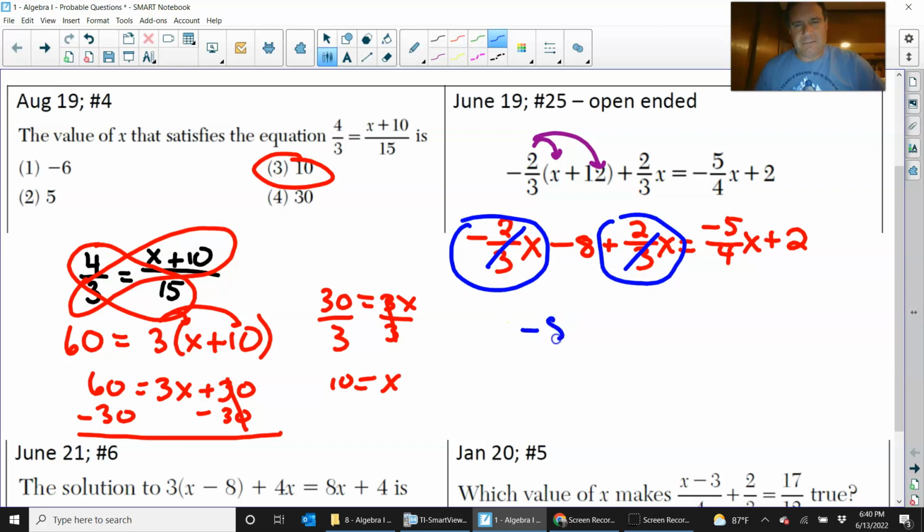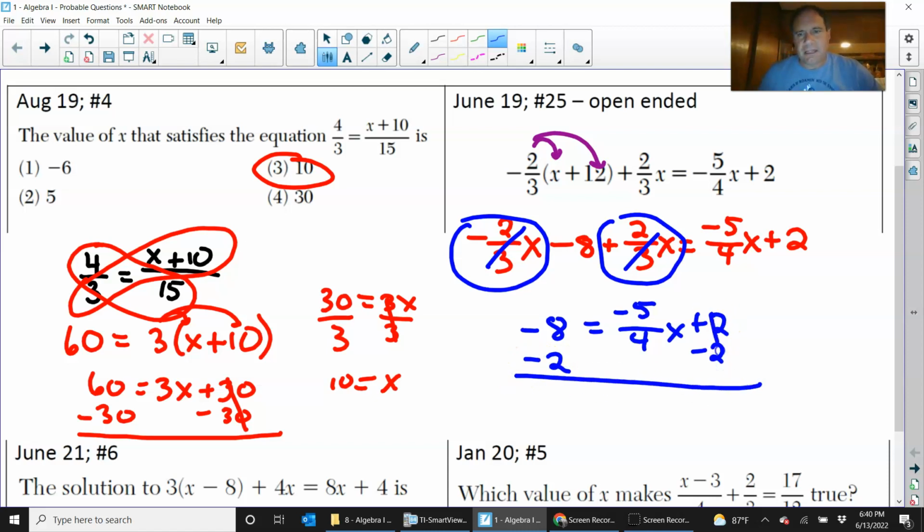Look at this. Negative 8 equals negative 5 over 4x plus 2. Just going along and using inverse operations, we are going to subtract 2 on each side. You have negative 10 equals negative 5 over 4x.